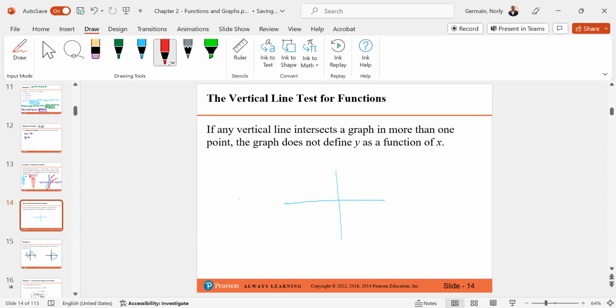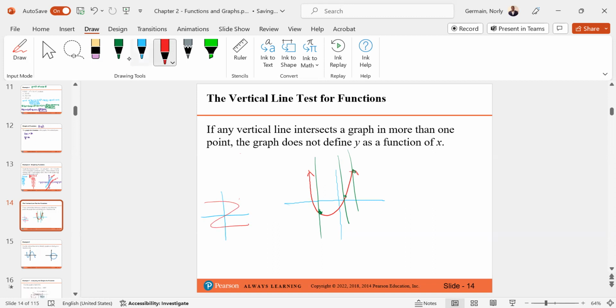Okay, suppose I have a graph like this. We're gonna learn what type of graph this is later, but for now, just focus. If I have a vertical line that intersects the graph anywhere only one time, we say this is a graph of a function. But suppose I have another graph like this, okay.